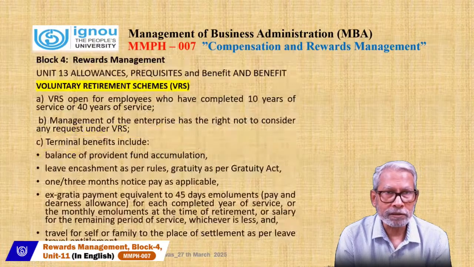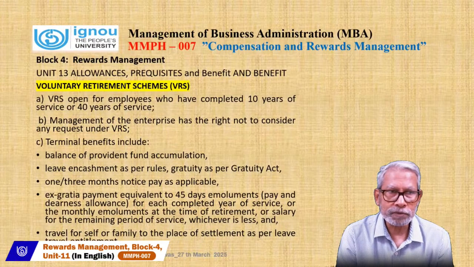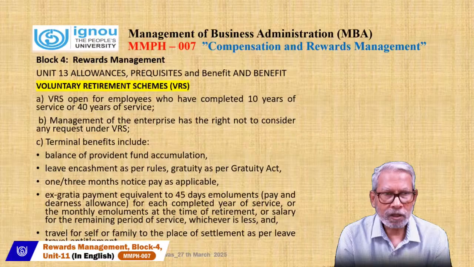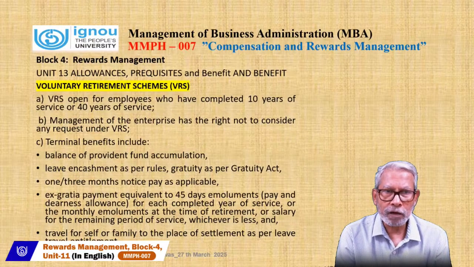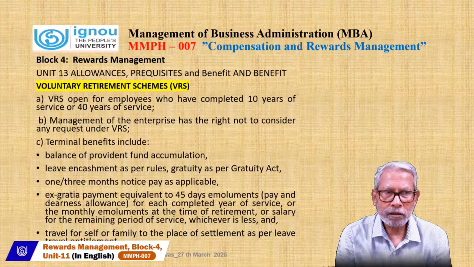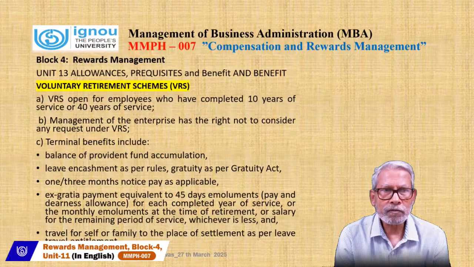Then the voluntary retirement scheme is open for employees who have completed 10 years of service or 40 years of age. Management of the enterprise has the right not to consider any request under the VRS.